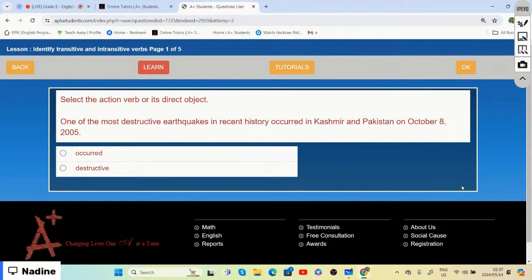So we need to identify the action verb or its direct object. Is it occurred or is it destructive? Occurred or destructive?